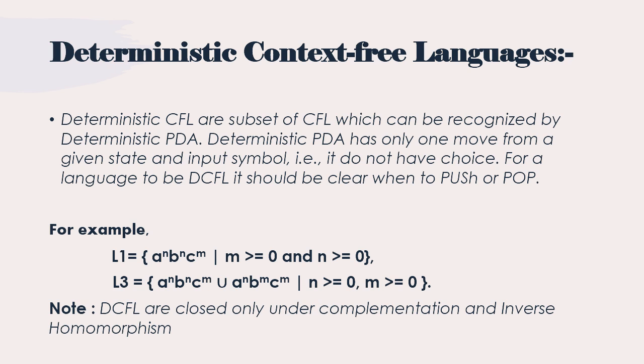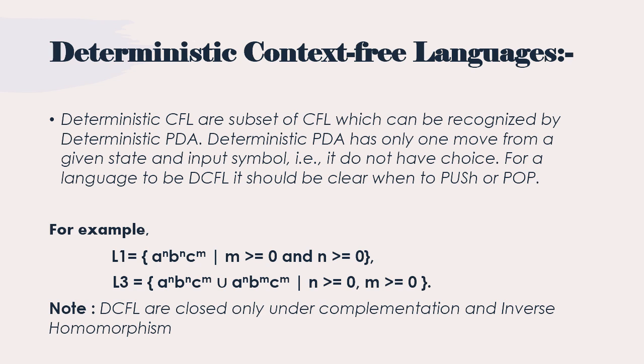These are the two languages which we consider, and the first language L1 is a deterministic context-free language, because for a's we can push on the stack and for b's we can pop from the stack. It can be recognized by a deterministic PDA, that is pushdown automata.